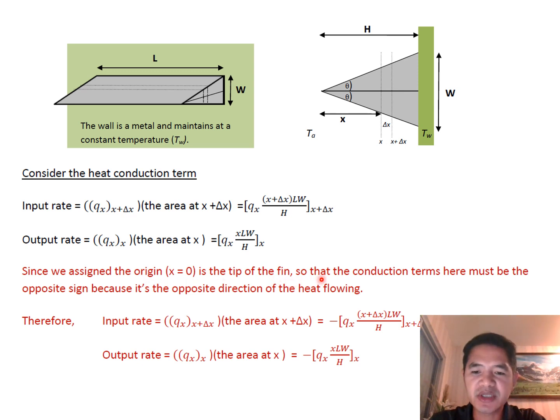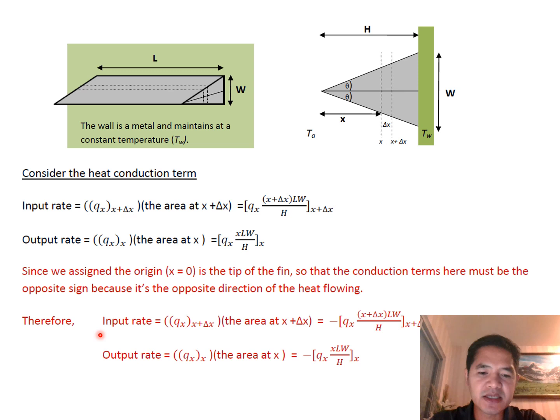the conduction term here must be the opposite side, because it's the opposite direction of the heat flowing. That means Q must be a positive value, so we have to add a minus sign in order to get the positive value.